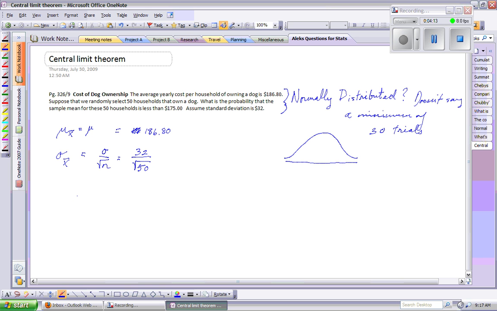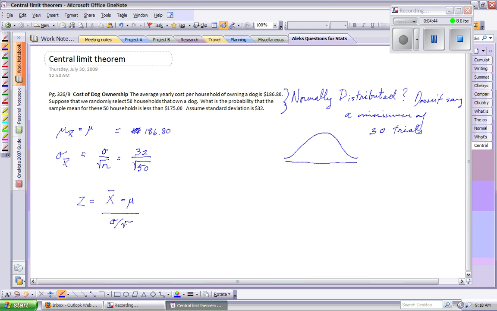The z-score is going to be equal to x from your experiment, or the one you're interested in, minus mu, over the standard deviation for the sample means.